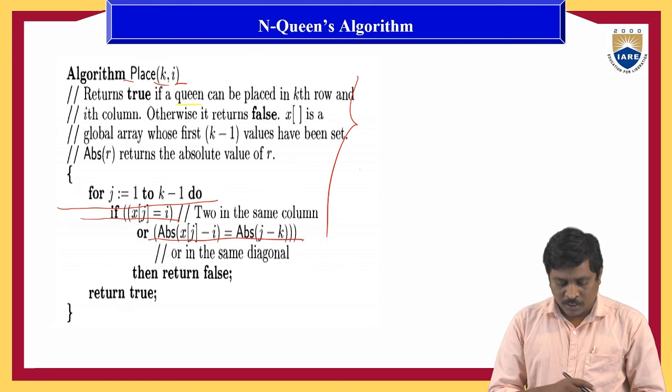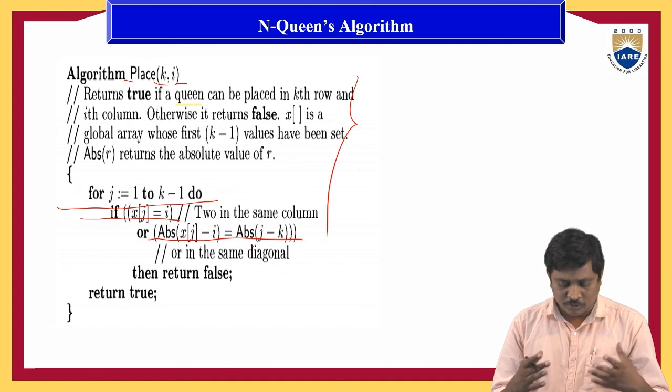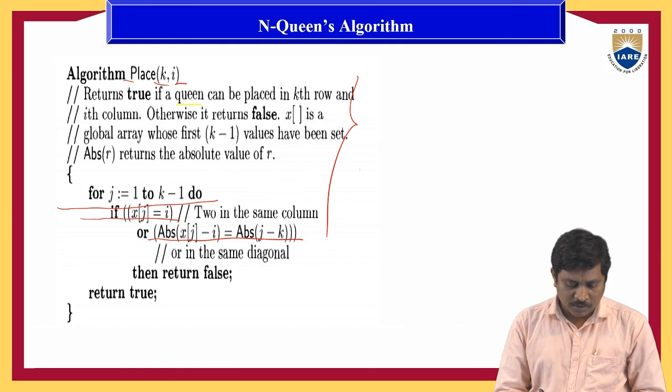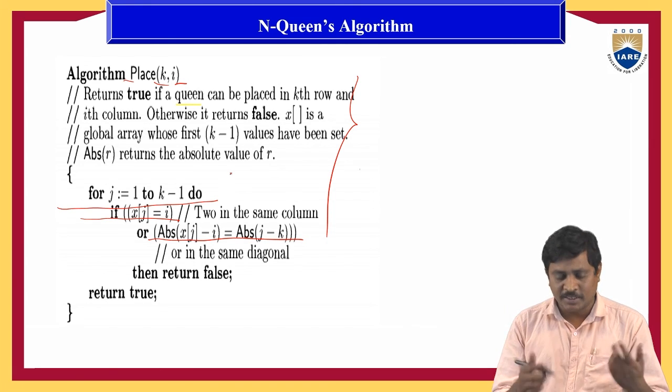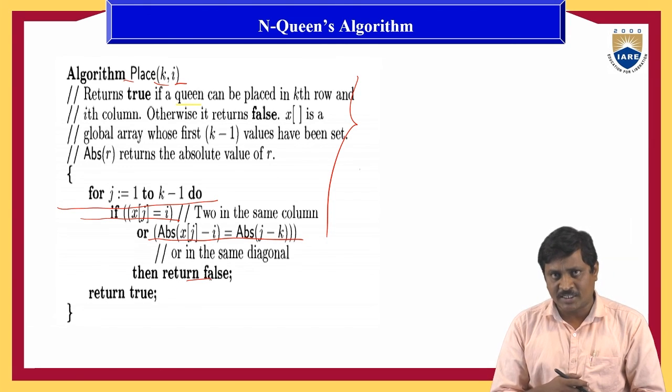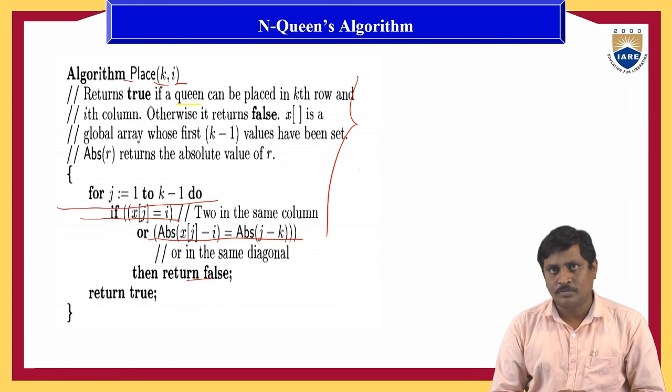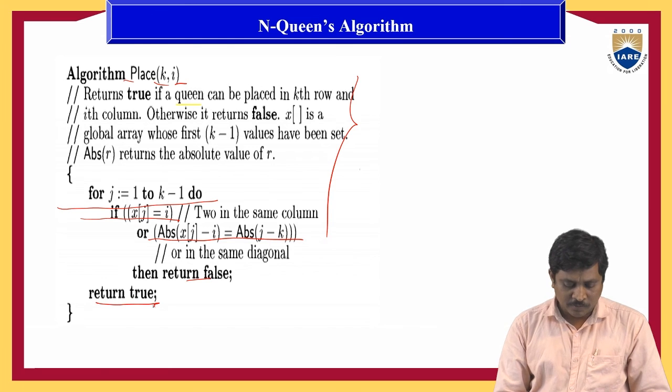Or absolute of x[j] minus i equals absolute of j minus k. This shows that two queens are in the same diagonal. So if either of these conditions is satisfied, then return false. If these conditions are not satisfied, placing that queen in that particular position is possible, so we return true.